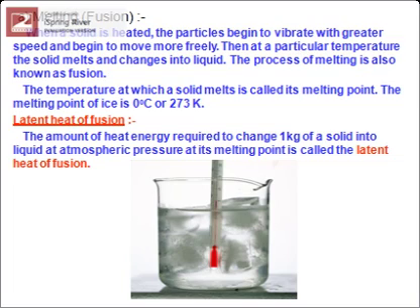Now each and every material has a fixed melting point and boiling point. Why? Because it depends on its molecular arrangement. Now children, what happens at a particular temperature, the particles start vibrating. Each and every material has a different type of molecular arrangement. Now why do we require this temperature?